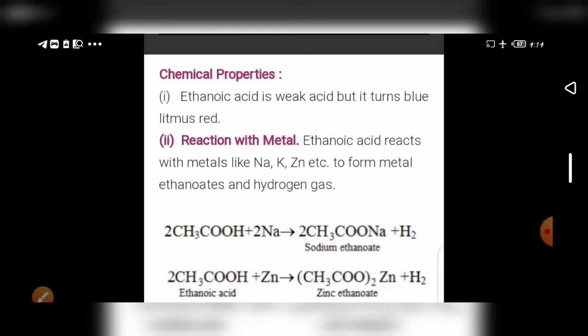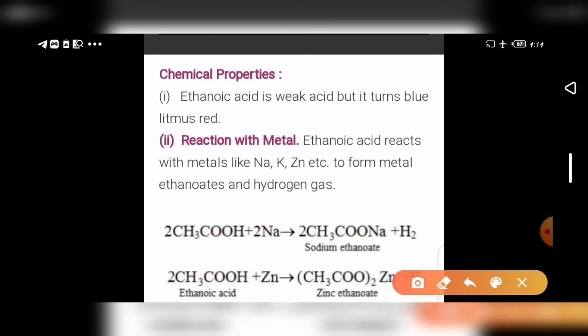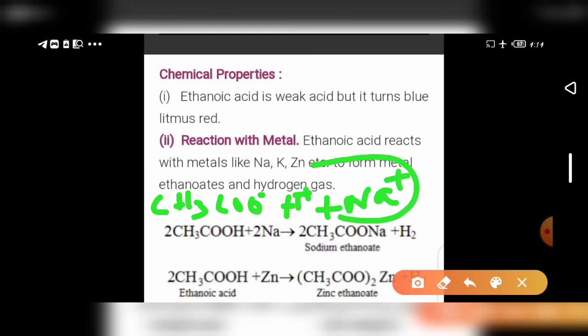Now I draw it here. See here, it will split like this: CH3COO minus and H plus, and Na is always Na plus. This Na combines with CH3COO, and H will be liberated.